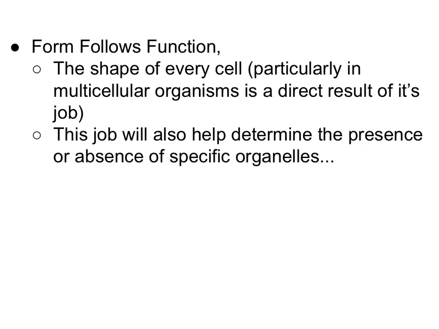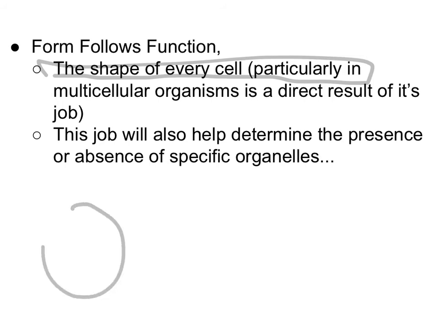The other thing that I think is important for you to understand is that the shape of cells is a result of their job. Sometimes you'll see cells which are perfectly spherical, or pretty darn close to spherical. These are globular cells, and usually they secrete things.